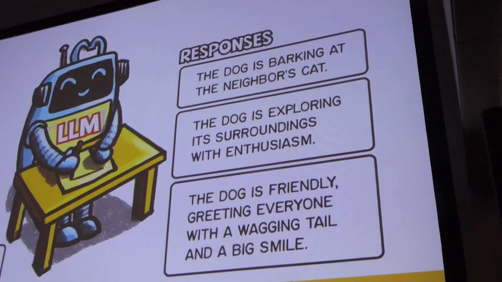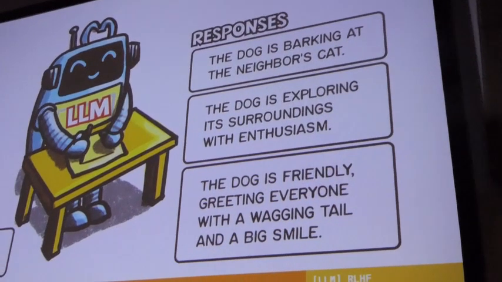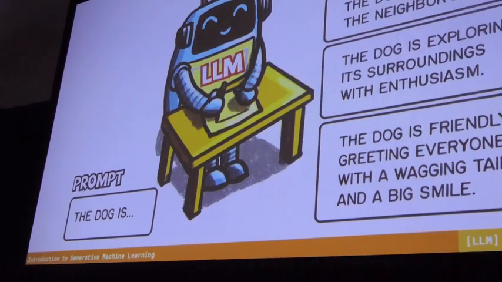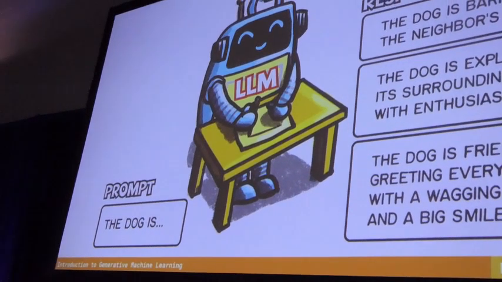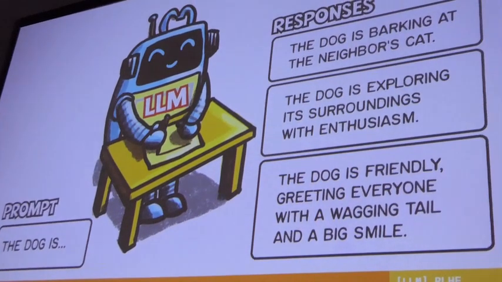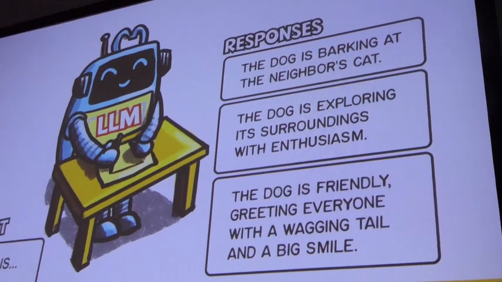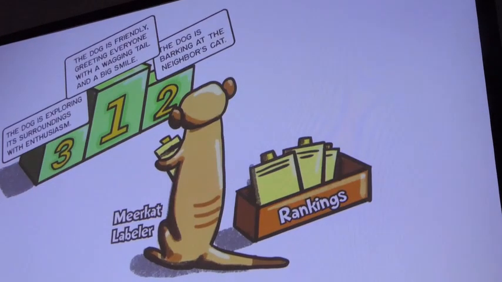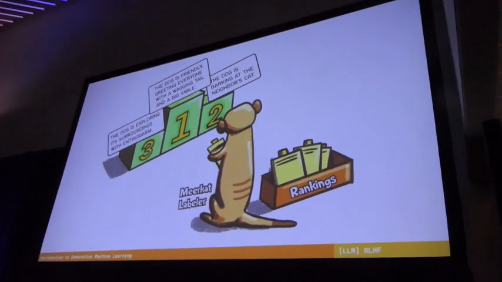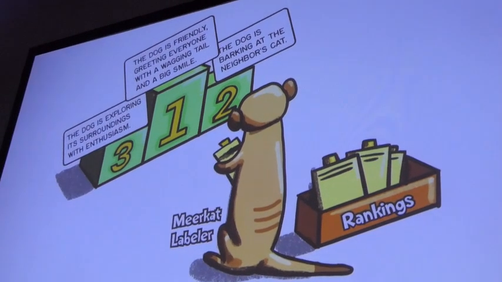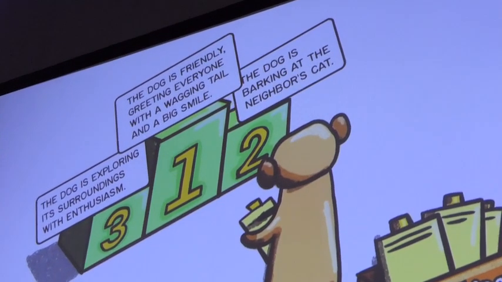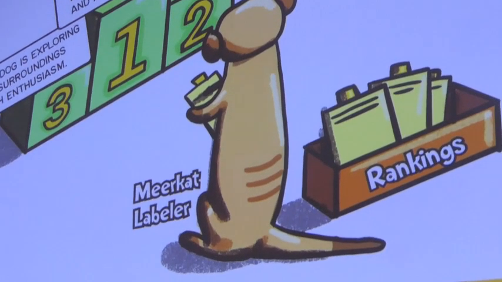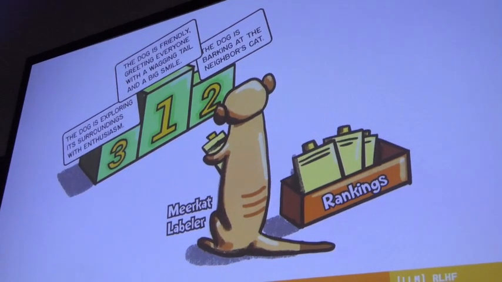For example, we can pass in the unfinished sentence, the dog is... And the model will generate several samples, such as the dog is barking at the neighbor's cat, the dog is exploring its surroundings with enthusiasm, and the dog is friendly, greeting everyone with a wagging tail and a big smile. Next, a human annotator ranks the responses based on some specific criteria. You might have actually participated in this while using ChatGPT. Sometimes it offers you a few possible responses and asks you to choose the best one.